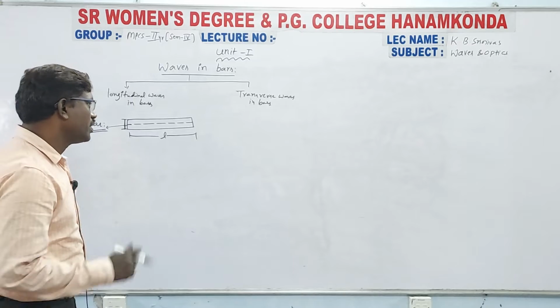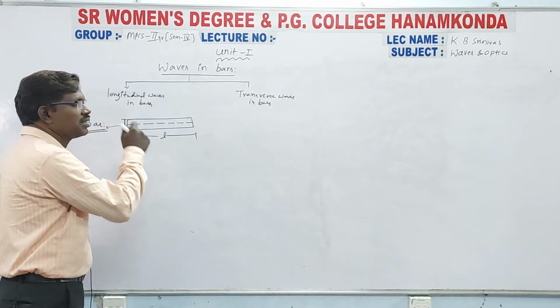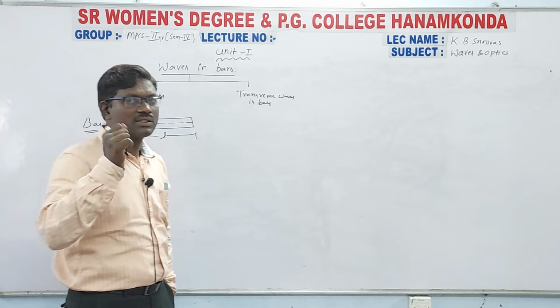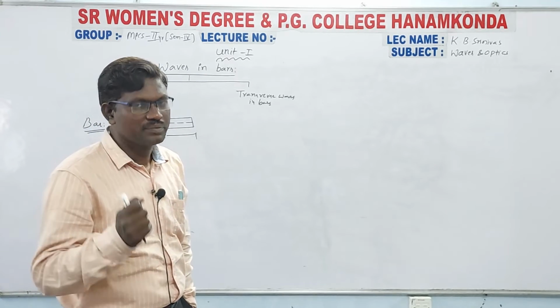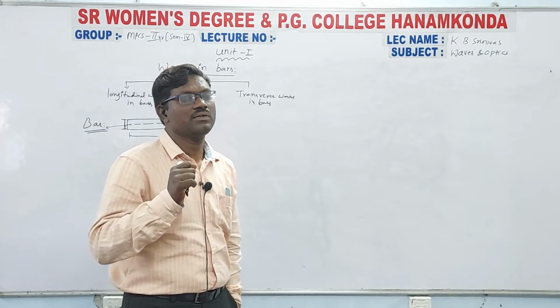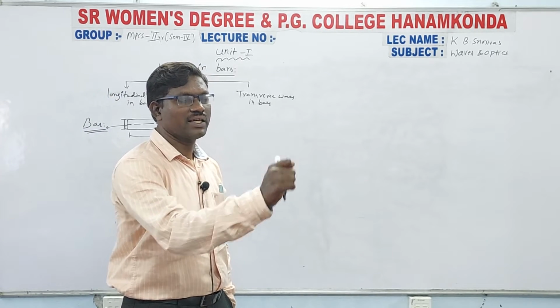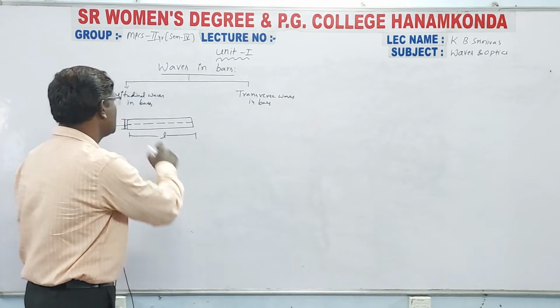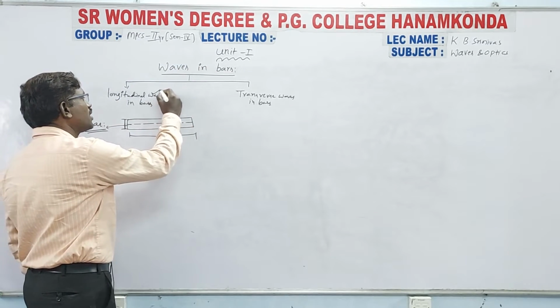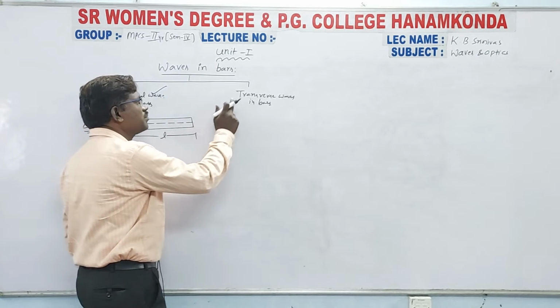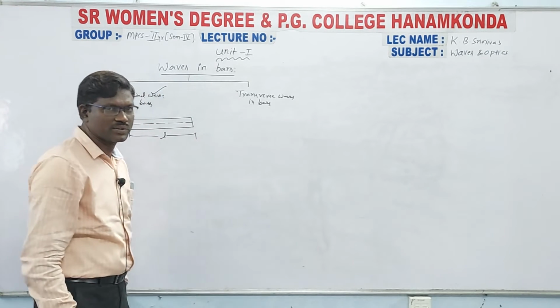Clear? So when this bar is struck, what happens? Definitely the particles of the bar come into a vibrating state, and we can observe waves. Depending on the direction of the striking, sometimes these bars can produce longitudinal waves, sometimes transverse waves.